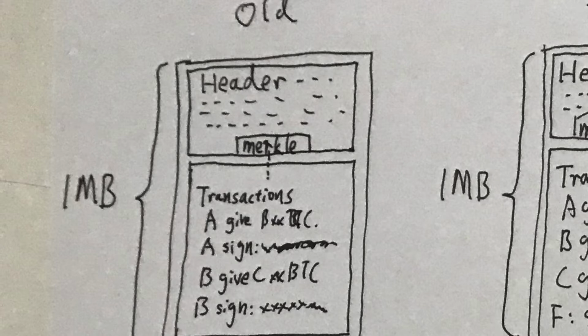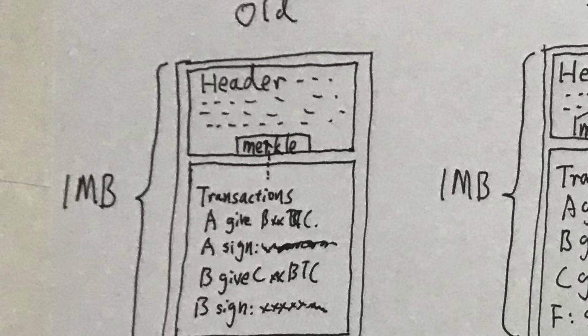As you can see, the block has two components. Of course, this is a very inaccurate one, enough for you to understand the situation. The upper part is the header, and the lower part is the transaction part. The total block is limited to 1 megabyte in size.